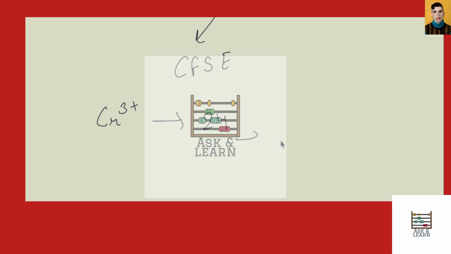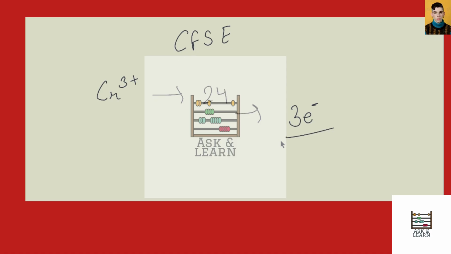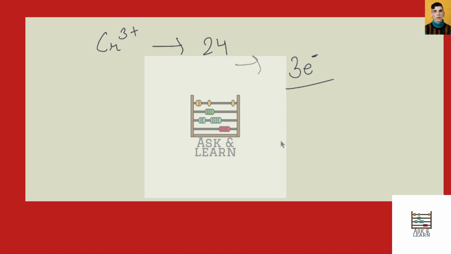That means it will have 3 electrons, because it has 2 electrons in the s orbital and 4 more, so a total of 6 electrons, but 3 electrons are being taken out. That is why it has a 3+ charge. So a total of 3 electrons will be there, present in the 3d subshell.